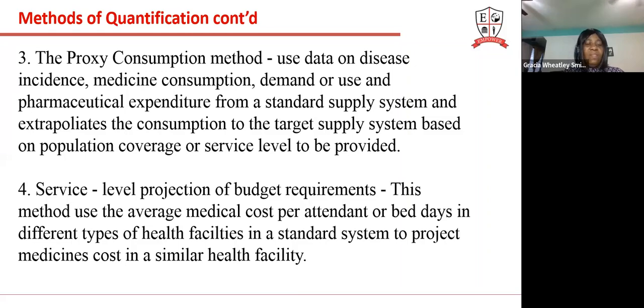Then we also have the service level projection of budget requirements. This method uses the average medical cost per attendant or bed days in different types of health facilities in a standard system to project medicines costs in similar health facilities. So you can take it from one to the next and you can get your figures on that.